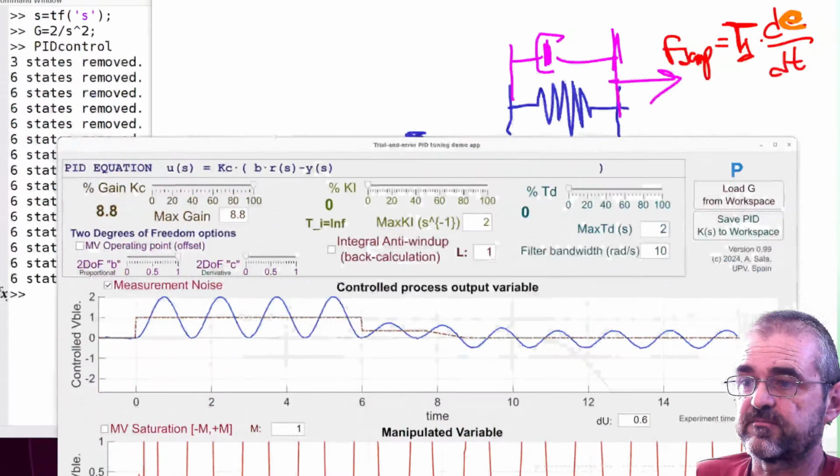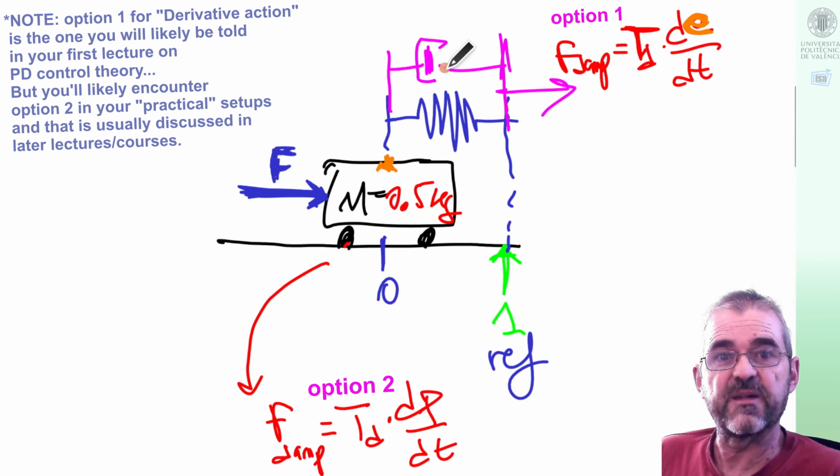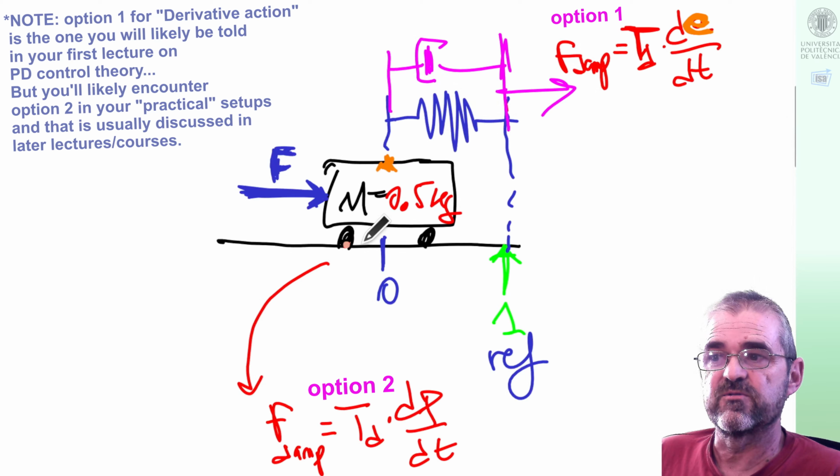This is the C coefficient here, in which C is what multiplies the set point derivative. If it is 0, we are damping with a rolling damping. If it is 1, we are fully damping the error. And if it is 0.5, then we are splitting the damping, 50% to this spring damper and another 50% to the rolling friction.